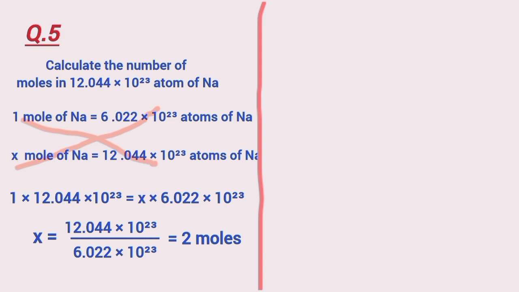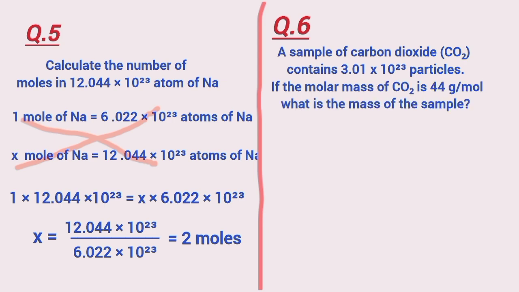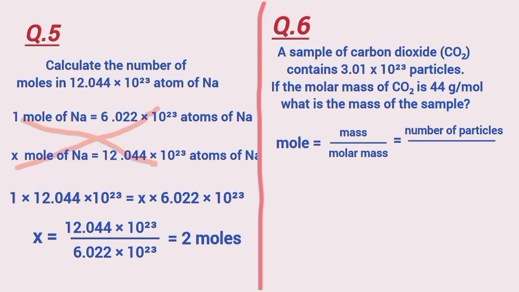Now let's look at this. A sample of CO2 contains 3.01 times 10 raised to 23 molecules of CO2. If the molar mass of CO2 is 44 grams per mole, what is the mass of the sample? We know that mole is equal to mass over molar mass, which is also equal to number of particles over Avogadro's number. In this question, we are asked to find the mass.